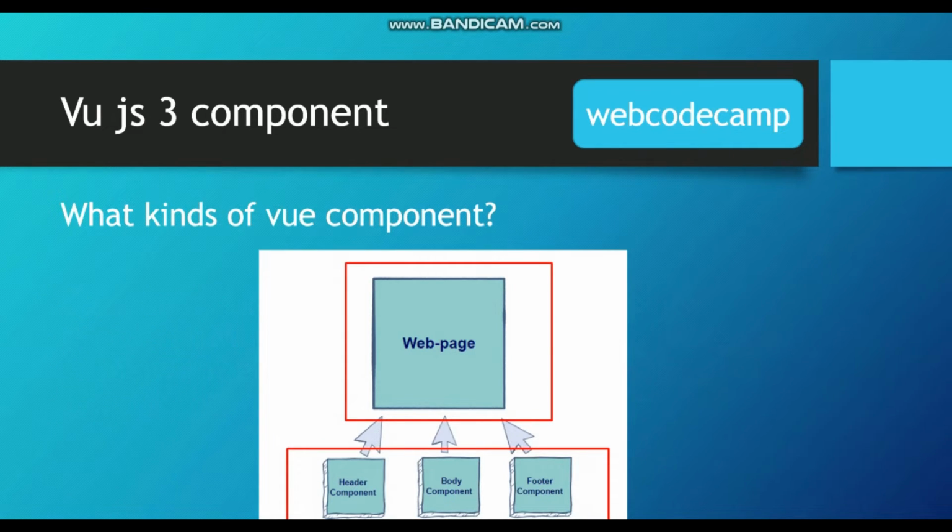What kind of Vue components are there? For example: a header component, a body component, and a footer component, and making the three components together shows the web page. Then the whole thing is called the web page component.